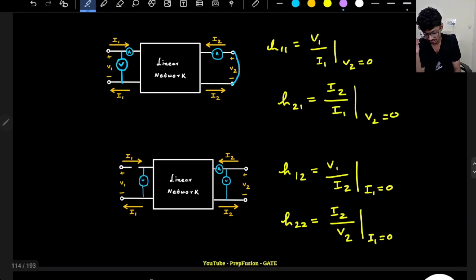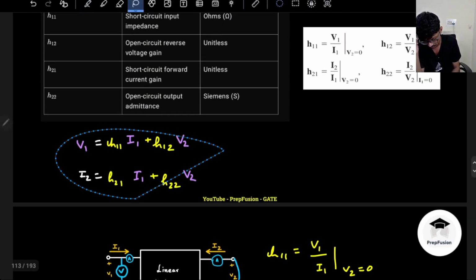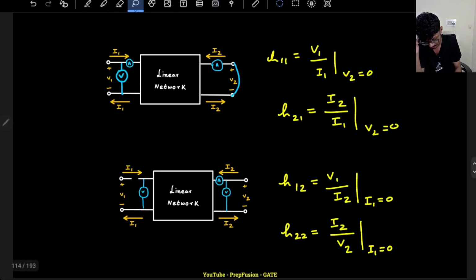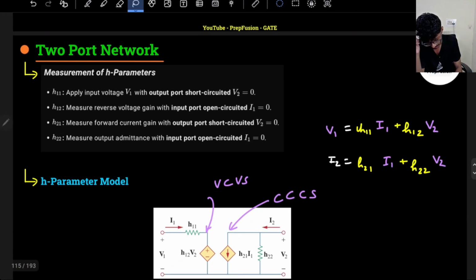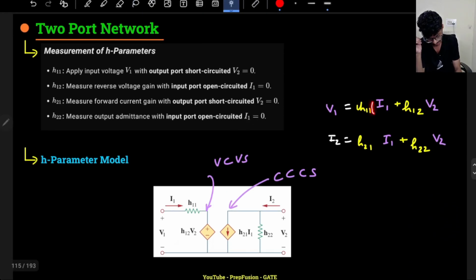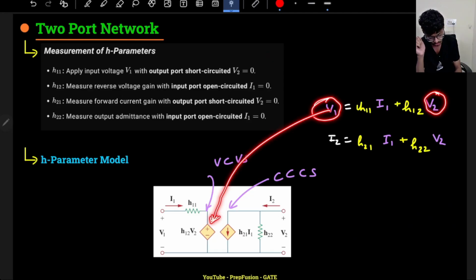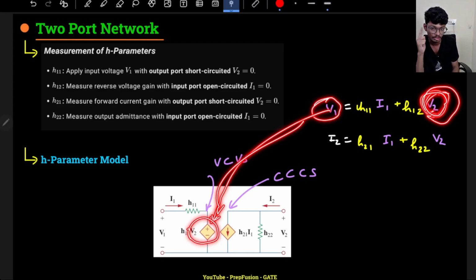If I see the first equation, it has its own current, of course, and has a dependence on the output voltage. So we are writing voltage, so ultimately that's why it is a voltage source that will get added, and it is dependent on the voltage of port 2. So that's why it is a voltage controlled voltage source.